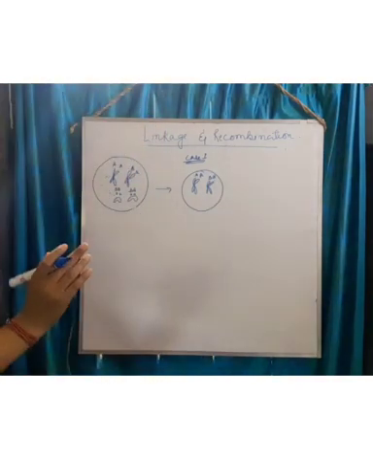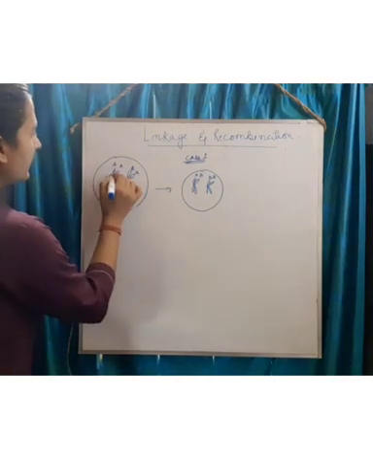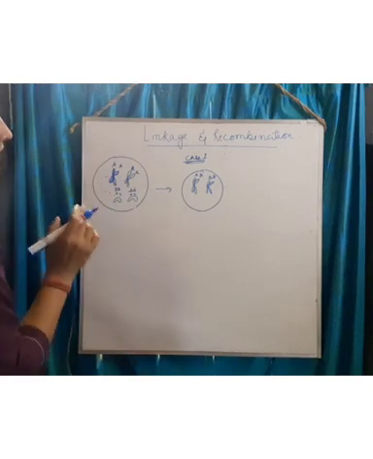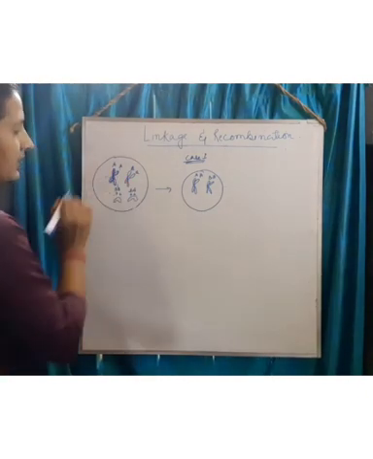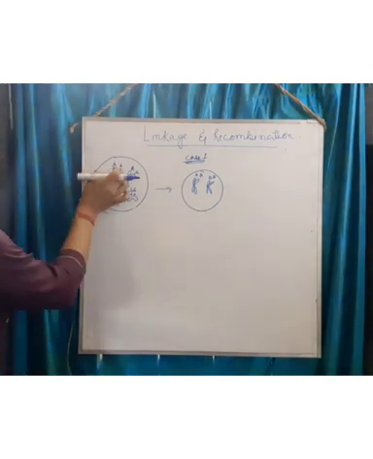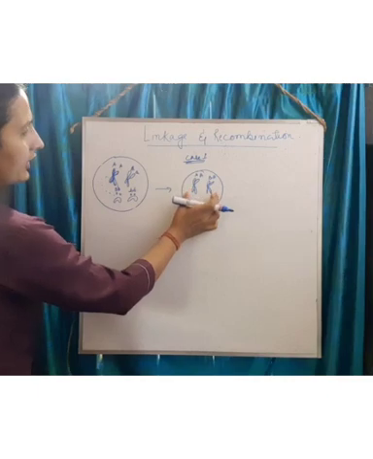Just listen here. Whenever there is crossing, when they mate with each other, the possibility is that this will pair up with this, correct? Capital A means both the dominant characters may come together, right?